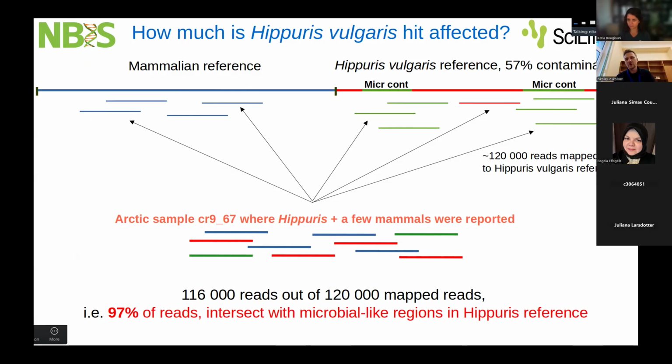Because these microbial reads can very happily map to your mammalian references, for different reasons. They can be too short and too non-specific. So microbial reads, even modern microbial reads, can happily map if the reads are short enough. Microbial reads can happily map to a mammalian reference.